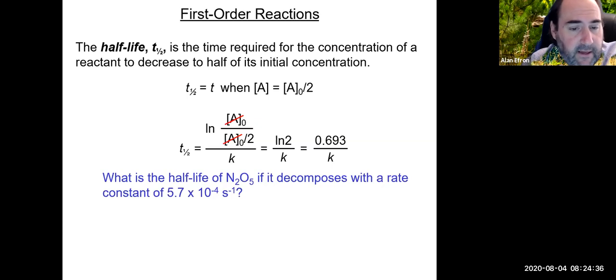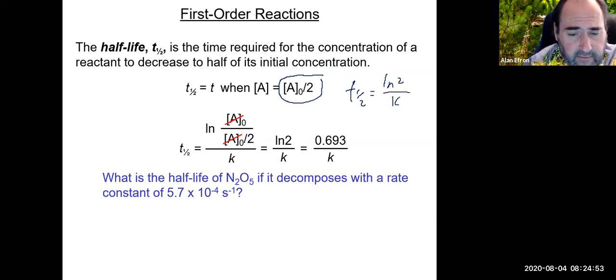To solve for the half-life, it basically means the initial divided by 2. If you put that into our integrated rate law and solve for t, we get the half-life equation for first order: the natural log of 2 divided by k. If you take the natural log of 2 on your calculator, you get 0.693.